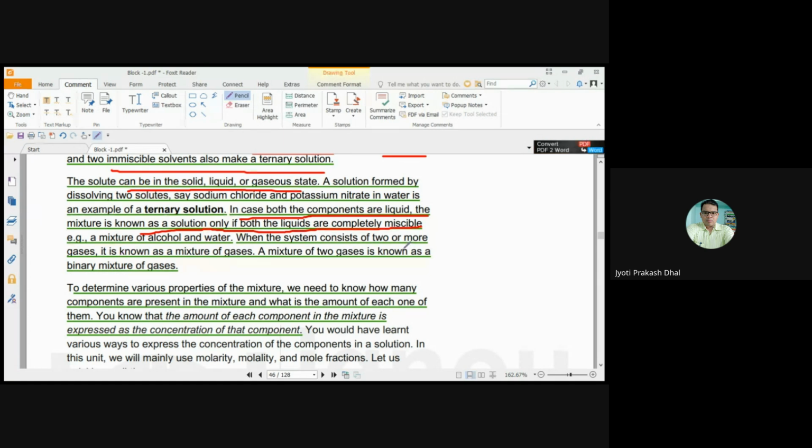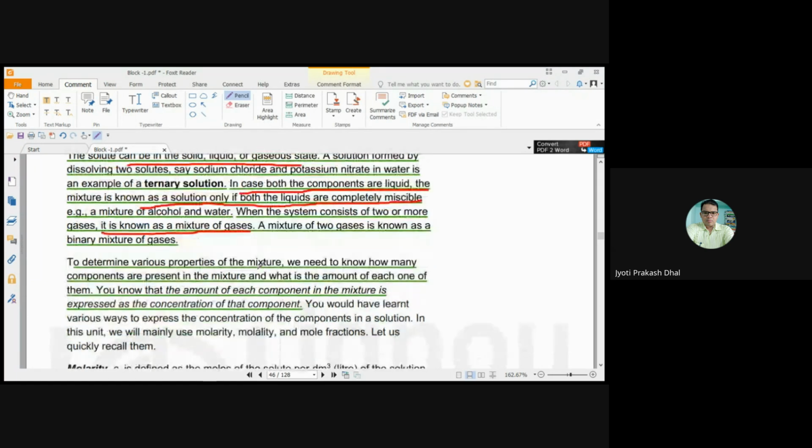And when the system consists of two or more gases, it is known as a mixture of gases, because any gases at any proportion or at any pressure will mix with one another to form a solution. A mixture of two gases is known as a binary mixture of gases.